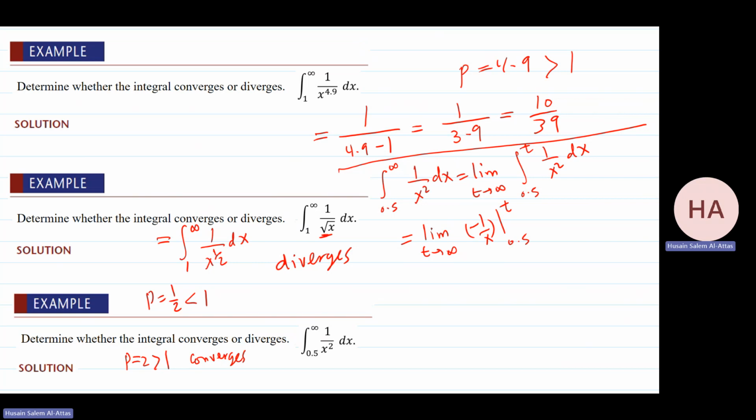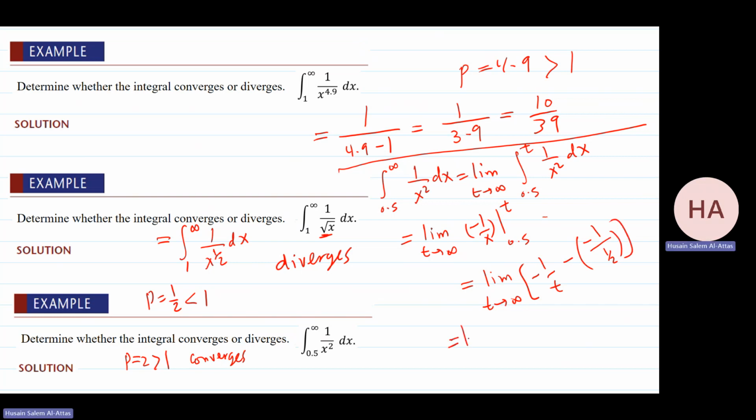Minus, x to the power minus 2, it will be minus 1 over x. That will be what? Limit t goes to infinity of what? Now substitute: you have minus 1 over t minus, be careful here, minus 1 over half.